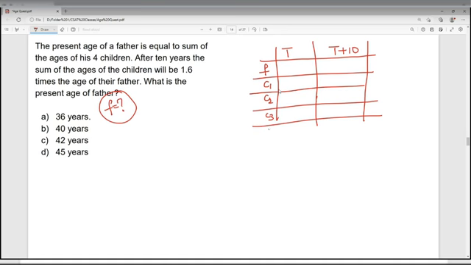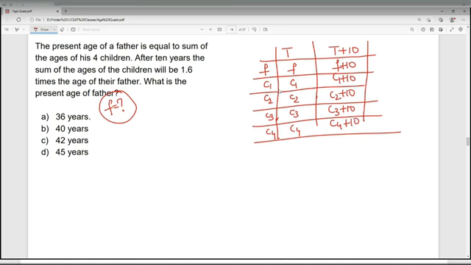There are 4 children, and let the ages be C1, C2, C3, C4 itself. And after 10 years, their age will be F plus 10, C1 plus 10, C2 plus 10, C3 plus 10, and C4 plus 10.